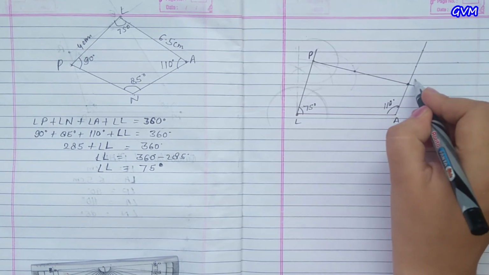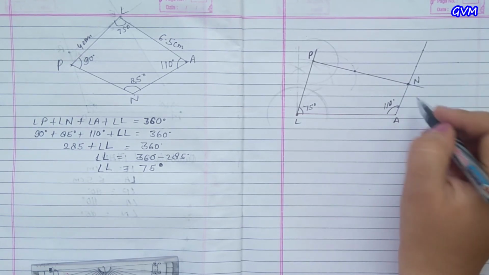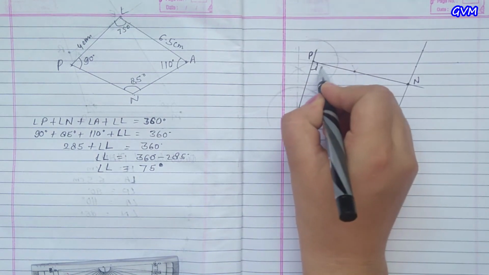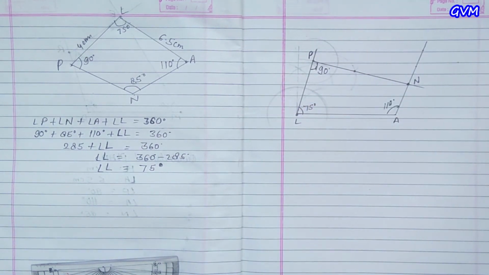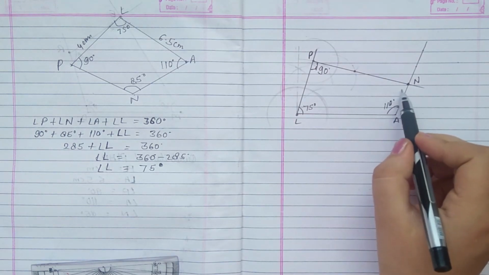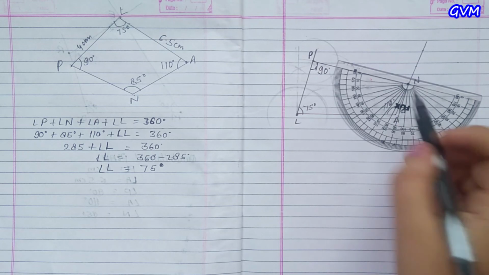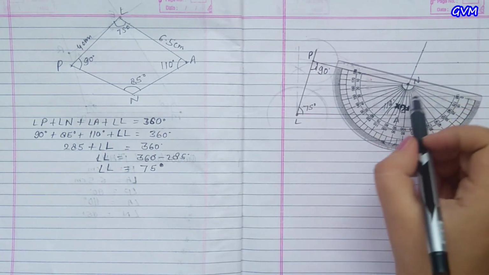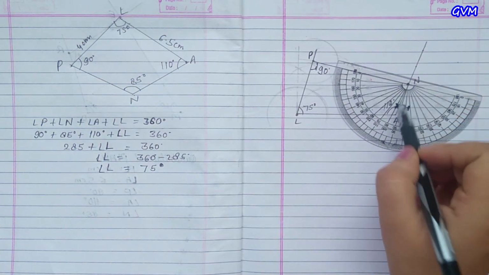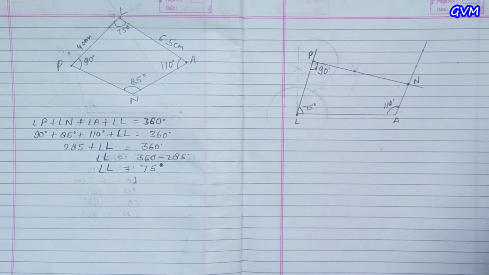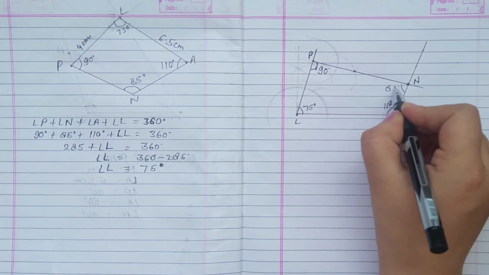We will give this the name N. Okay, so this point is N. So this angle is a 90-degree angle. Okay, now we can check whether this angle is 85 or not. So when we put the protractor over this point N, we can have this line which is leading us to 85-degree. Okay, that means this angle is an 85-degree angle.